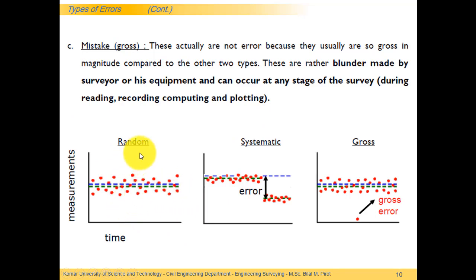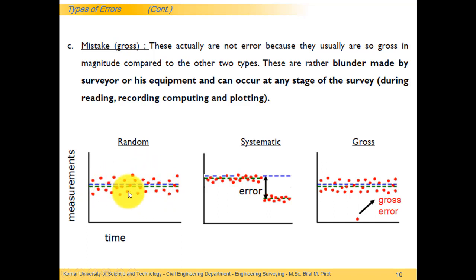So this figure is showing the difference between the three types of errors. As you see, we have these two lines, and the two lines are the true values or the exact values that we want to measure.